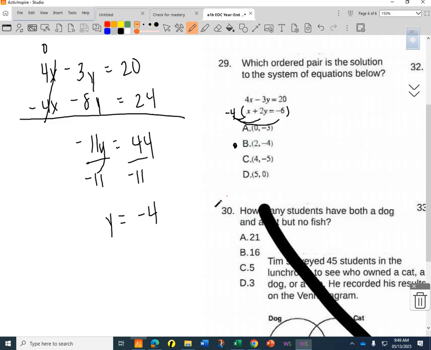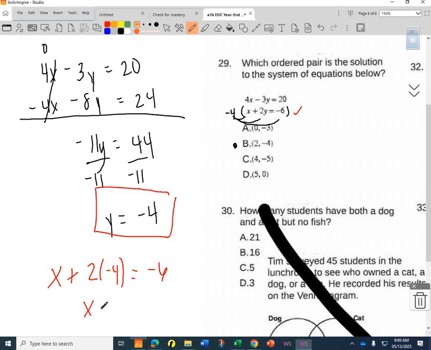We can also confirm. And the way we can confirm that is we can take this y value and plug it back into one of our original equations and see, are we going to actually get 2 for that? So that's what we're going to do. And this is the easier one to work with. So we're going to take x plus 2 times y. We know our y is negative 4 now. And that equals negative 6.